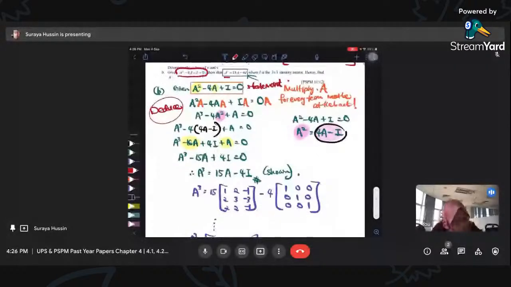A statement that you tak payah fikir panjang-panjang, melainkan you deduce sahaja. Cara nak deduce adalah making sure everything is at the same position. At the back, semua A at the back. Kalau nak letak A di depan, boleh, semua A di bahagian depan. Faham ke?